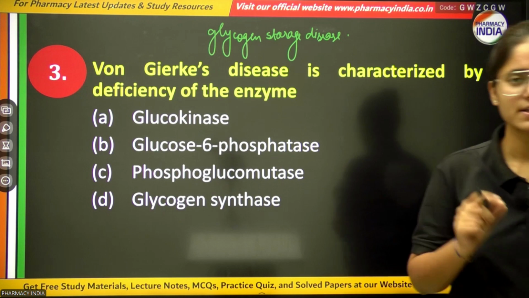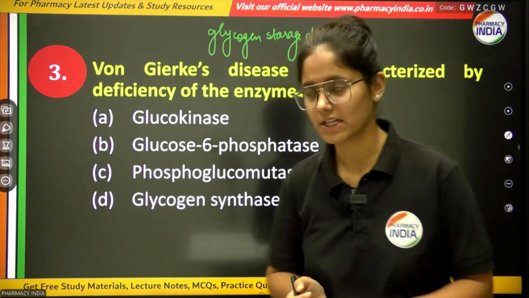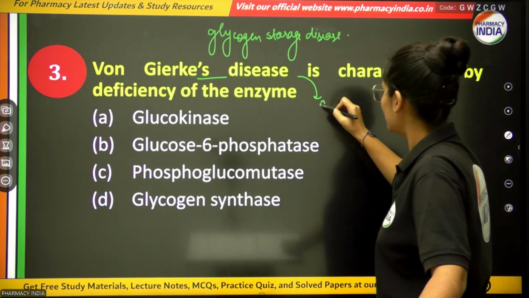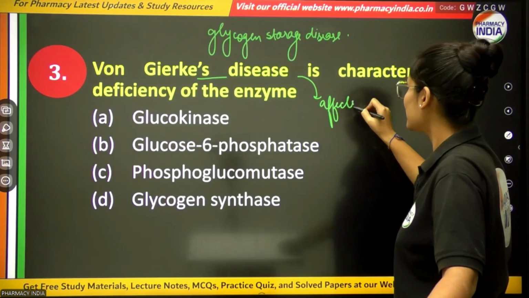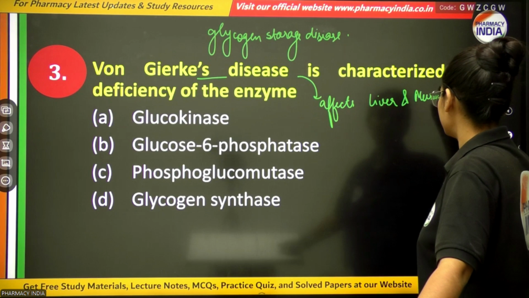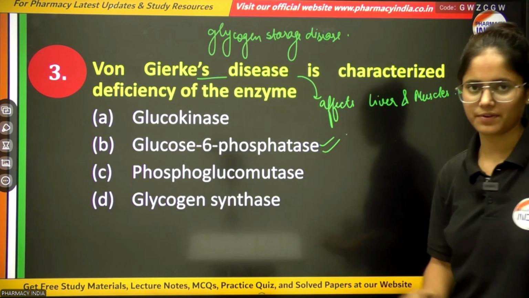Basically, glucose 6-phosphatase is an enzyme whose deficiency causes von Gierke disease, which affects primarily your liver and also muscles. So the correct option should be glucose 6-phosphatase.